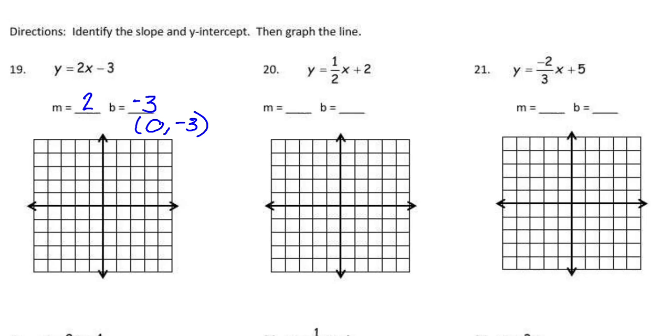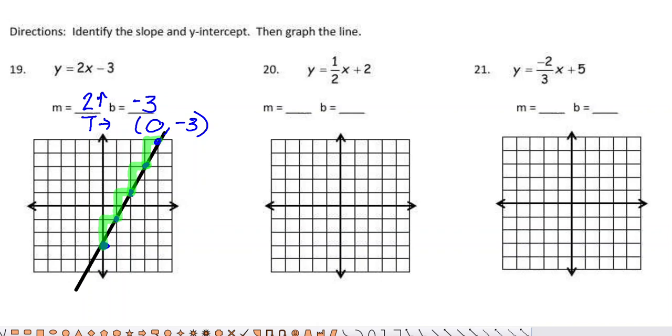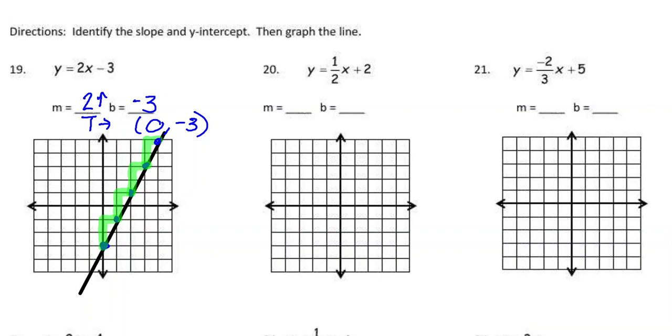So I'm going to plot this at 0, -3, and then I'm going to move my slope of up 2, right 1, up 2, right 1, and draw a nice pretty straight line. And you can see my slope is positive, and so is my line.